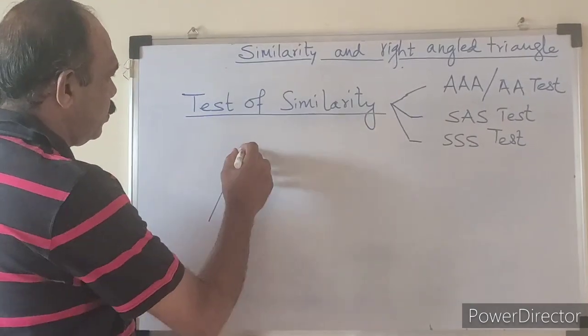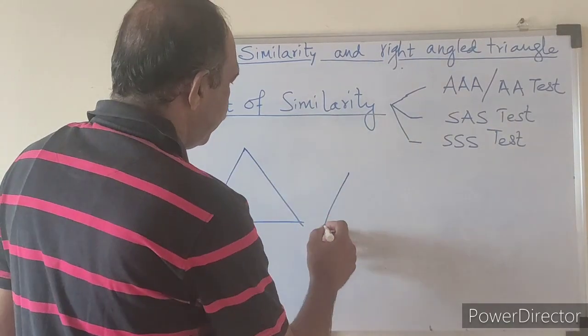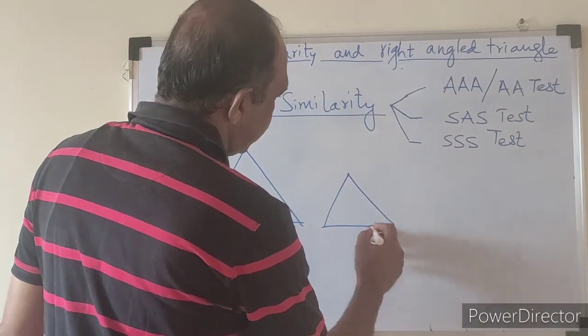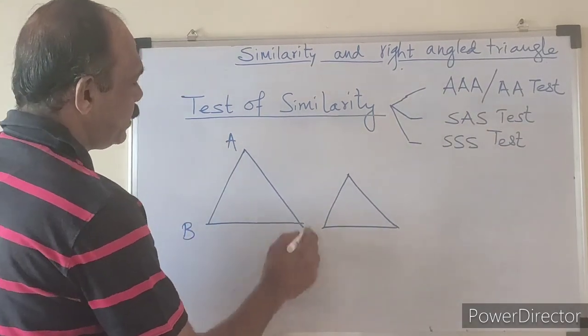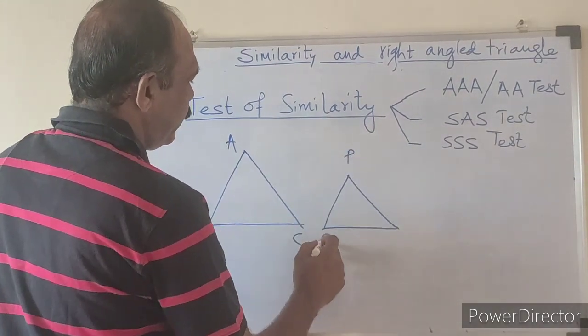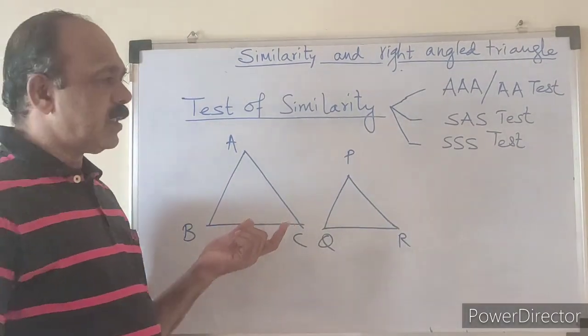If you take two triangles which are similar, we will denote them as ABC and PQR. Now what is the correspondence?